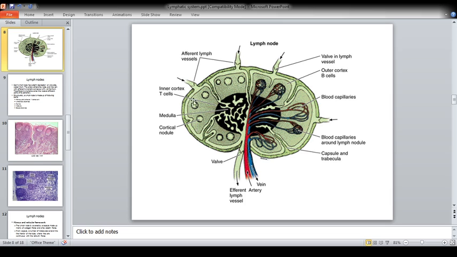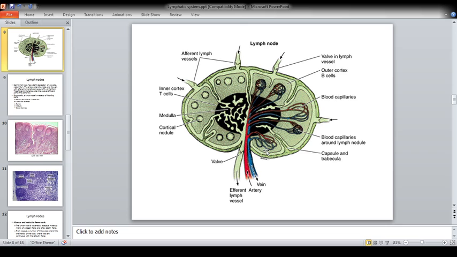So in case of lymph nodes, the major artery would enter through the hilum, and the vein would exit through the hilum along with the efferent lymph vessel. So the entry and exit point of the blood and exit point of the lymph is the hilum.